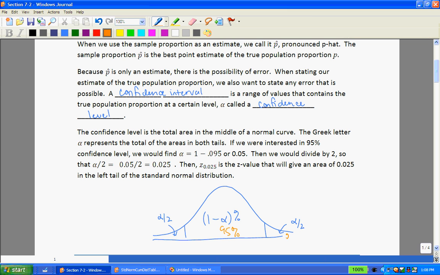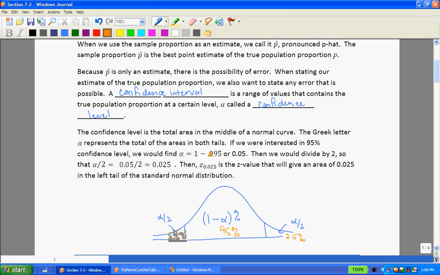So that means this end would be 2.5%, and this end would be 2.5%. So that's where we're dividing that alpha by 2. So 1 minus 0.95, that should be 0.95 like that, is 0.05. Then we take that divided by 2 and we get 0.025.